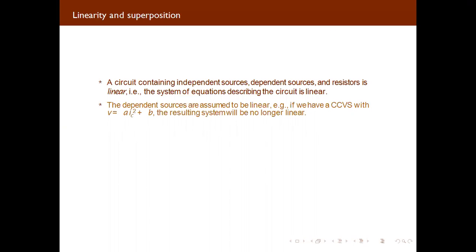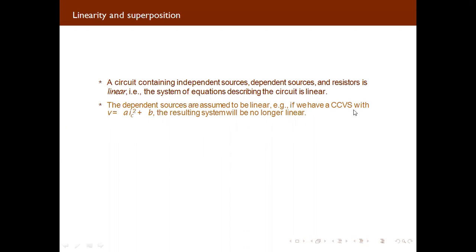So here the dependent sources, dependent means VCVS, CCVS, like this, voltage dependent or current dependent. They depend on voltage or on current. We have the four dependent energy sources just as we have seen in our previous session. So here, the dependent sources are assumed to be linear.